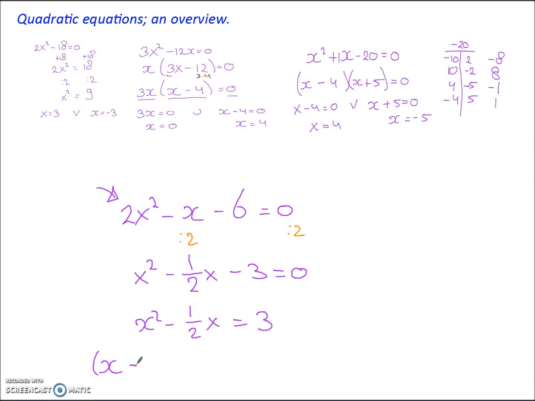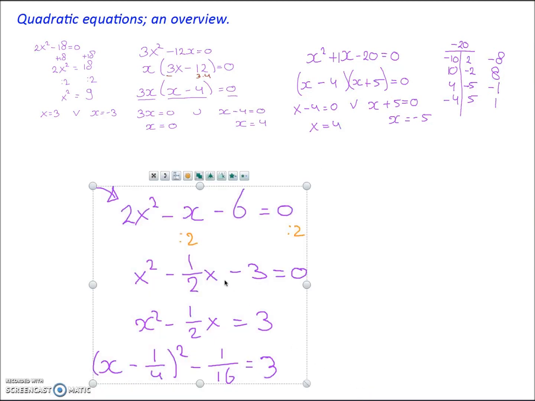So in this case, a half of negative half is a negative quarter, squared. But if I multiply out these brackets again, I have the square of 1/4 too much, so I need to compensate for that. And if I want to solve this any further, I need to create some space.